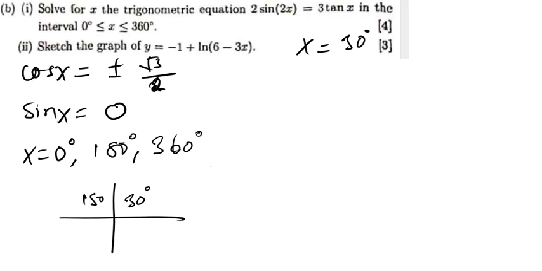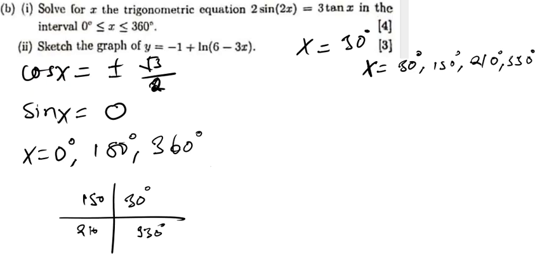Then here in the third quadrant it is 180 plus 30. Okay, so it's 180 plus 30, that is 210. In the fourth quadrant it is 360 minus 30, which is 330. So meaning that x is equal to 30 degrees, 150 degrees, 210 degrees, 330 degrees.